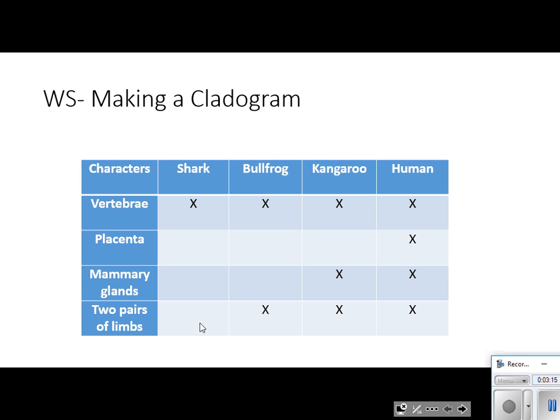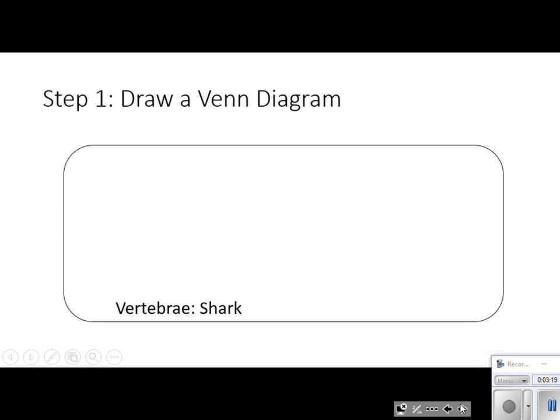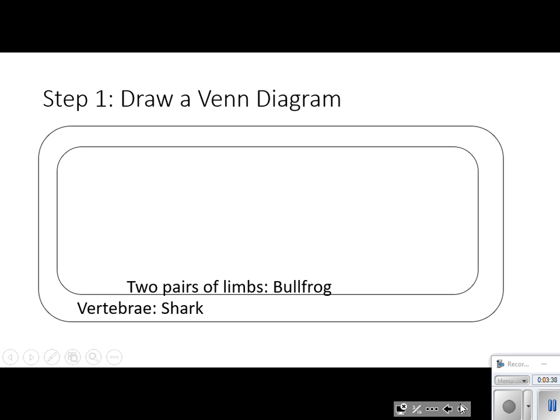So my first circle has the shark with vertebrae. What's my next circle then, Jamie? Two pair of limbs, and the bullfrog goes with the 2 pair of limbs.